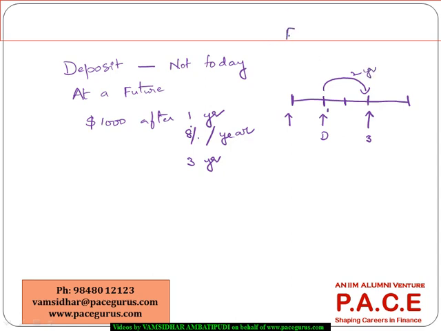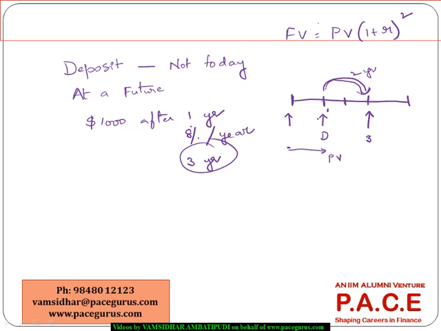So my future value, if I shift myself from today to this date, saying that this is the present value, becomes the present value times (1 plus r) to the power 2 only, because I am talking about 3 years from now, which is 2 years after the deposit date.